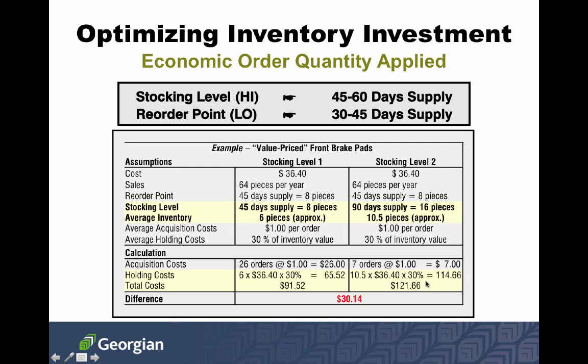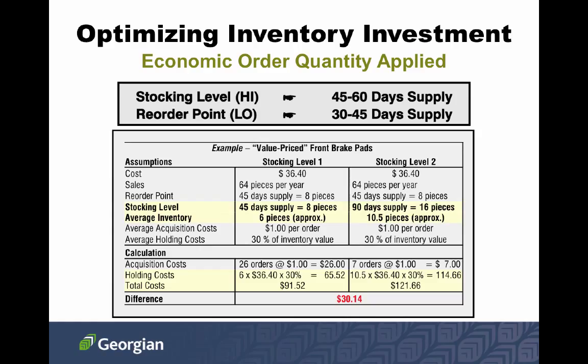My total cost is 121.66, and that is an increase in my total cost of $30.14. Now, the proportionately larger holding cost increase in this case overwhelms the acquisition cost saving for an overall increase in total cost of $30.14.